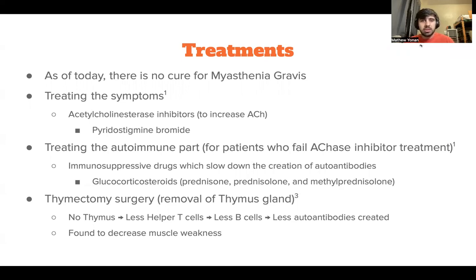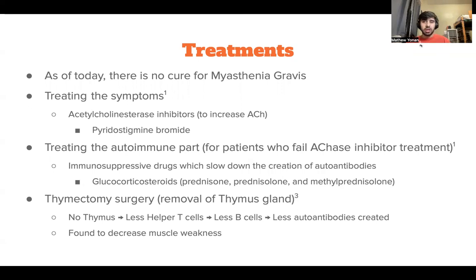Treating the symptoms of myasthenia gravis includes using acetylcholinesterase inhibitors. So what are acetylcholinesterase inhibitors? Acetylcholinesterase is an enzyme found on the motor end plate that's responsible for breaking down excess acetylcholine. Since our myasthenia gravis patient is having trouble getting enough acetylcholine to activate the ACH receptors, because the receptors are either being broken down by the membrane attack complex or they're being blocked, inhibiting acetylcholinesterase would increase the amount of acetylcholine at the neuromuscular junction, or at the synapse.